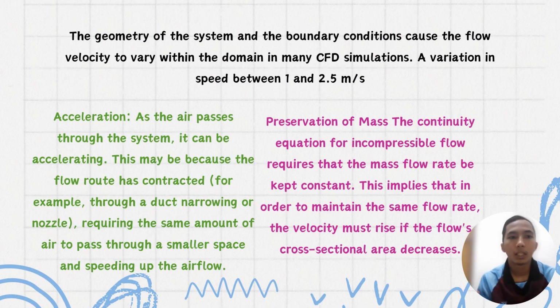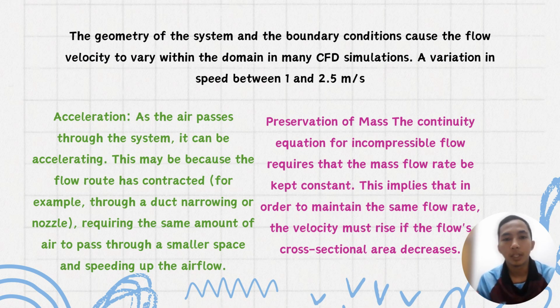The geometry of the system and boundary conditions cause flow velocity to vary within the domain in many CFD simulations. A variation in speed between 1 and 2.5 meters per second is acceleration. As the air passes through the system, it can accelerate. This may be caused by the flow being contracted, for example through a duct narrowing or nozzle, requiring the same amount of air to pass through a smaller space and speeding up the airflow.